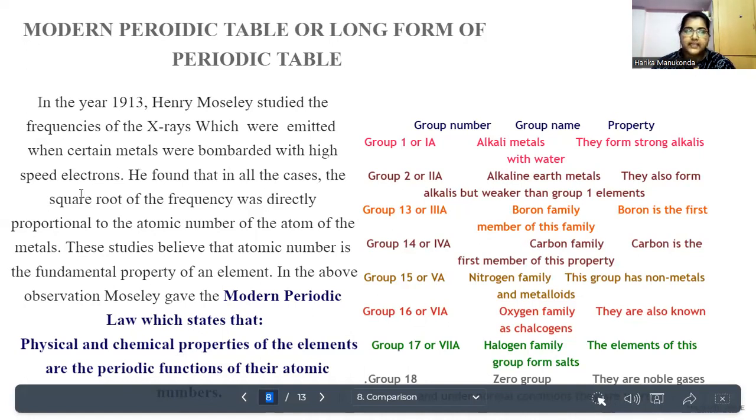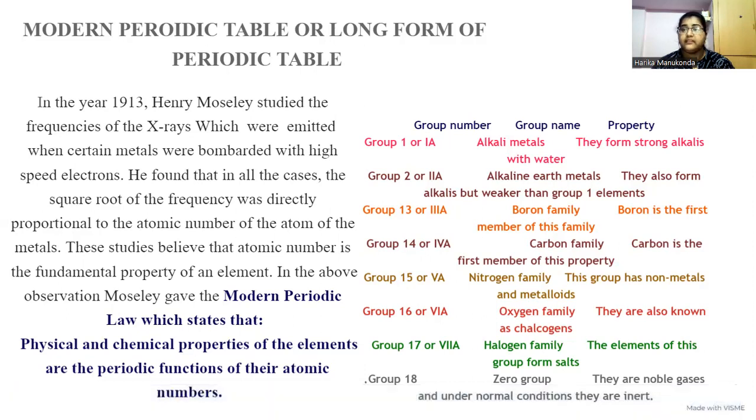He found that in all the cases the square root of the frequency is directly proportional to the atomic number of an atom. Then he came to know that atomic mass is a fundamental property, but it does not have great significance in making a periodic table.